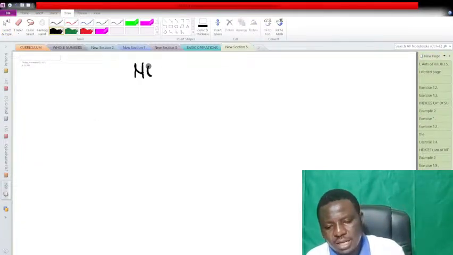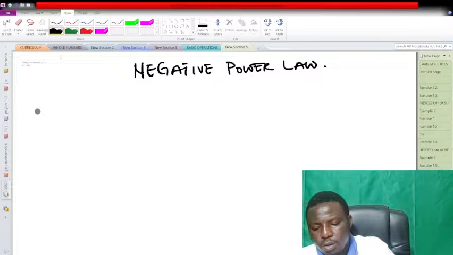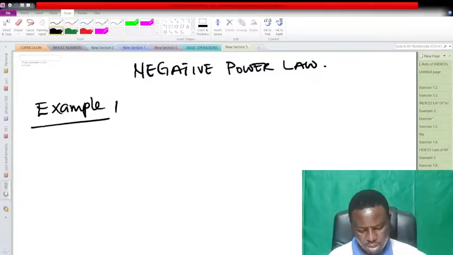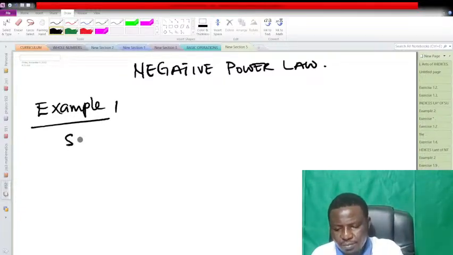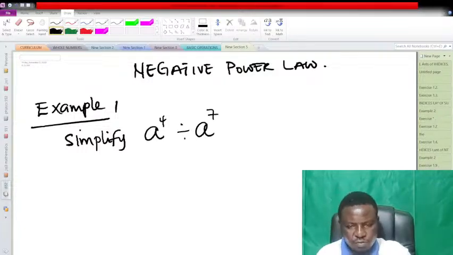So looking at the negative power law, let's look at example 1. In example 1, we are asked to simplify a raised to the power of 4 divided by a raised to the power of 7.